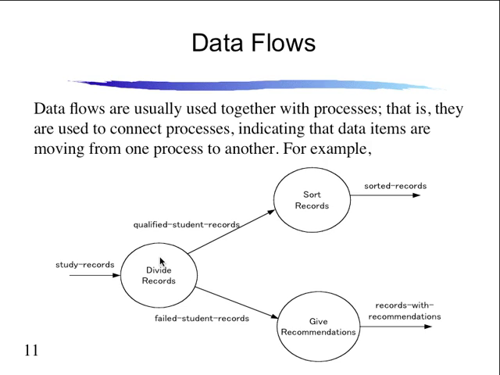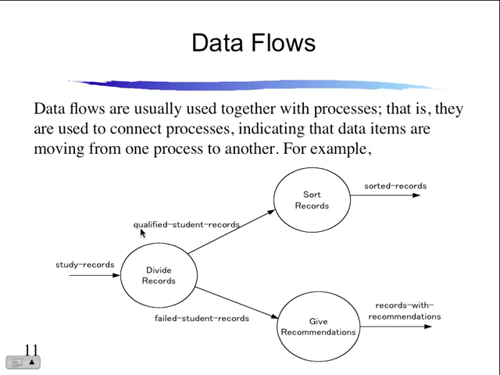And here's our example where we have study records. You earned a grade for something, for a class. And we have something that says, well, let's divide the records out. And we're going to split this into two groups: students who pass and students who fail, or qualified students and then failed students.